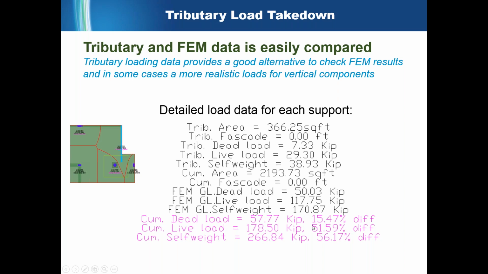In this particular example that happens to be a 56% difference, almost 100 kips, in favor of the FEM solution being unconservative. It's just a single example of this kind of instance, and the program has flagged this text in pink to show you that it's exceeded some default filter, which again I'll show you.